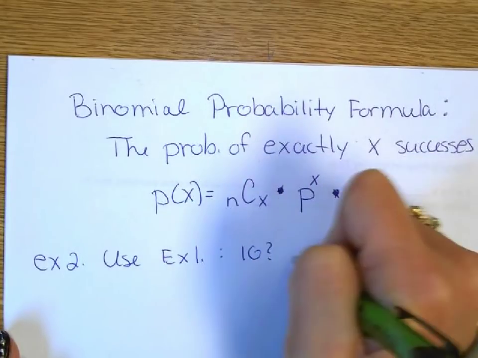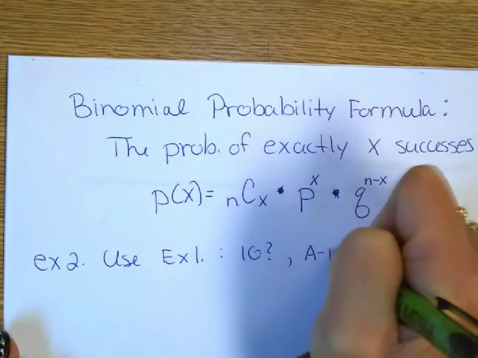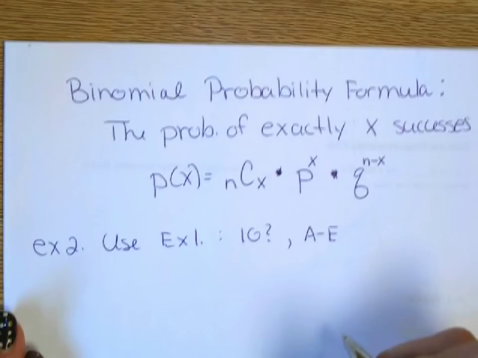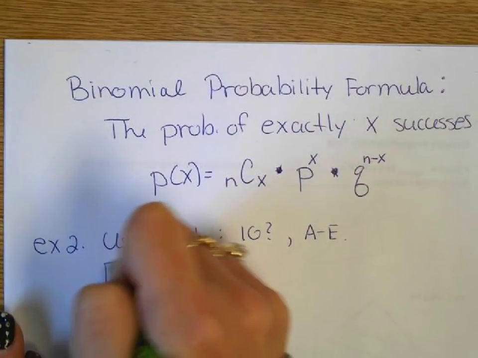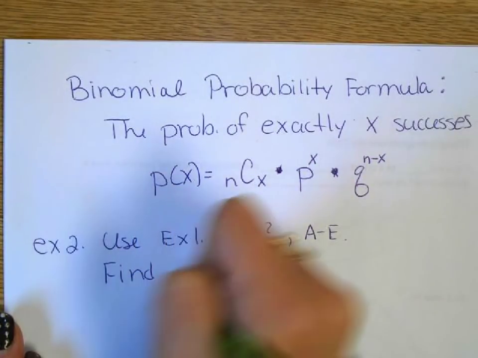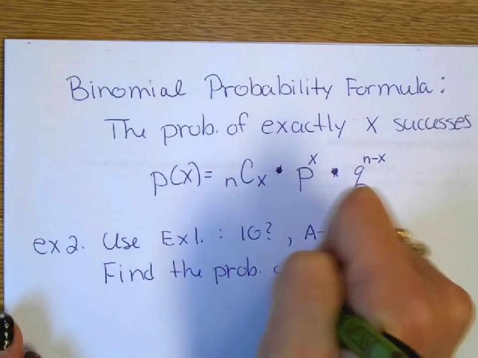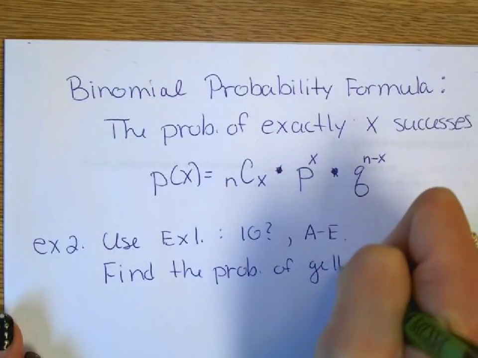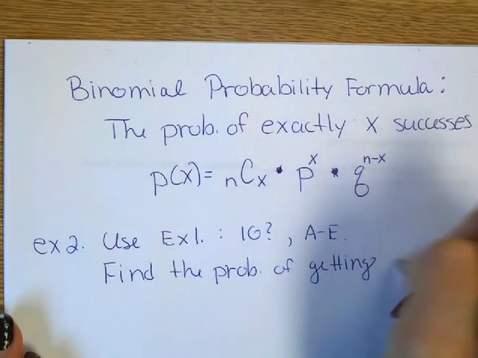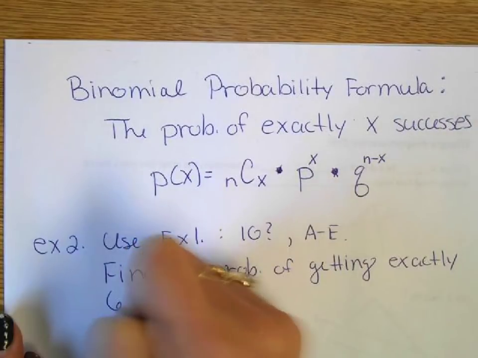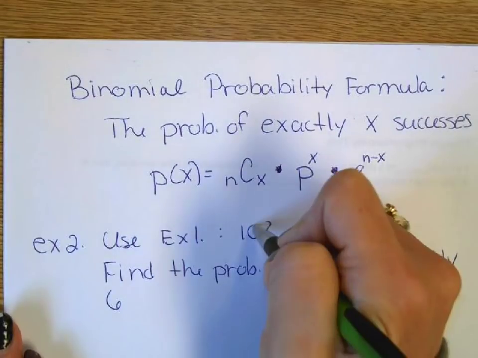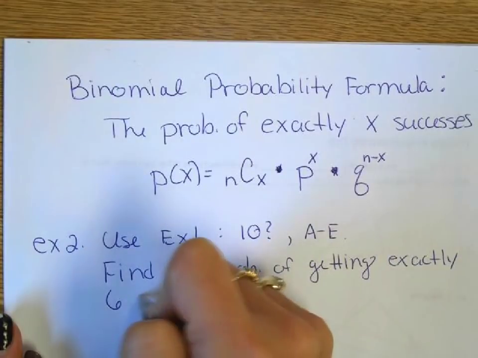So 10 questions, each one is A through E. Can you find the probability of getting exactly 6 of the 10 questions correct? No more, no less.